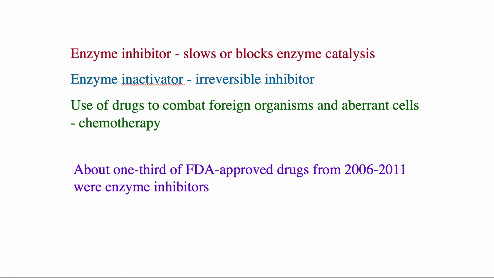I was saying before, they use that a lot in chemotherapy, as that's what we call warhead drugs, and it's also used elsewhere. We saw that was how Prilosec worked, that it turned off proton pumps that were pumping acid into the gut. When we use drugs to combat foreign organisms and aberrant cells, it's chemotherapy.